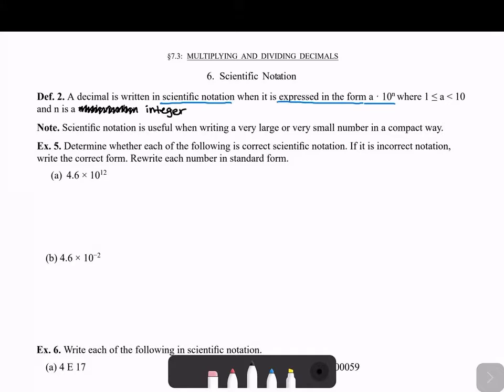Okay, so kind of how to think about this is we want it to be some number times a power of 10, whether that be a positive power or a negative power. And A only has value in the ones place, or not only has value, but the largest place value of A is the ones place.